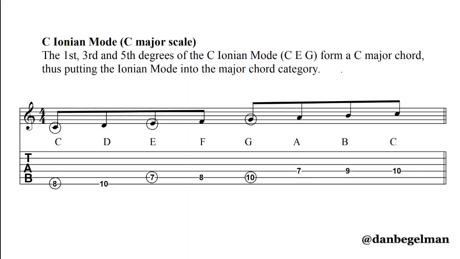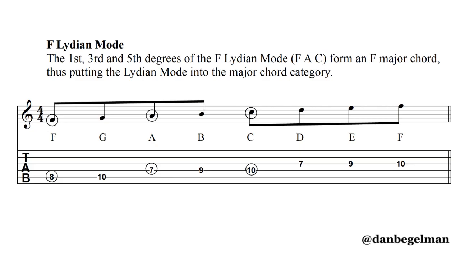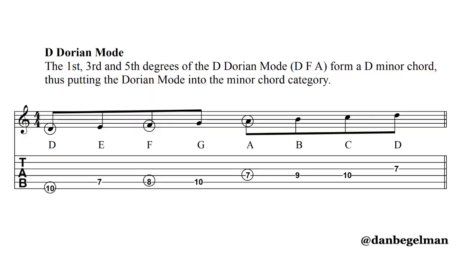Getting into the weeds here a little bit, but the point is, each of the 7 modes belongs to one of 3 categories. The 2 major sounding modes are Ionian and Lydian. The 4 minor sounding modes are Dorian, Phrygian, Aeolian, and Locrian.